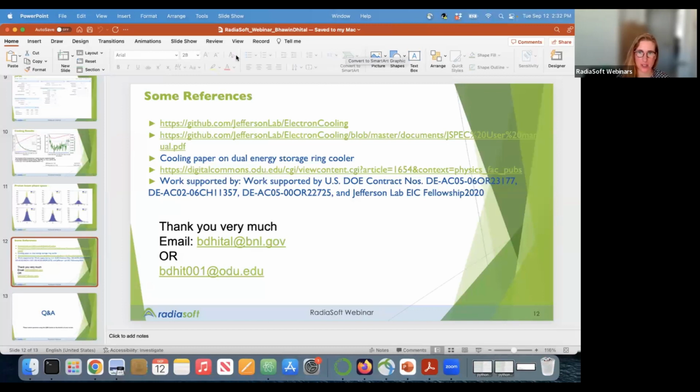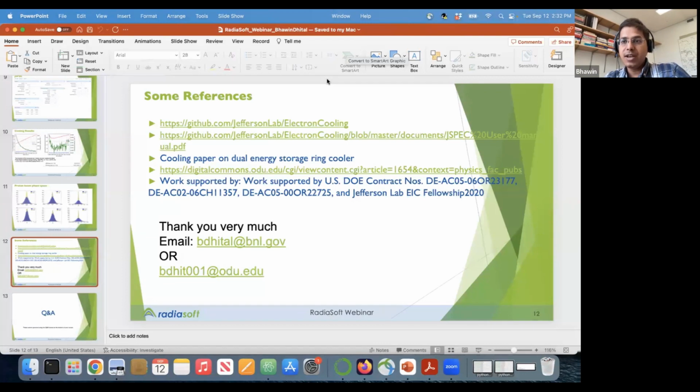The first question is, how do you decide the values of dispersion to add to the simulation? Yes, there is a very nice paper from Alexei Fedotov at BNL with a nice calculation of how we have to introduce a dispersion, because, as I already mentioned, cooling is a dynamic process.